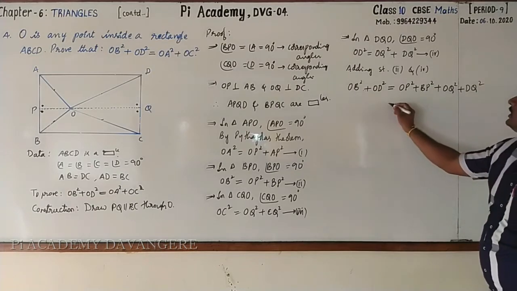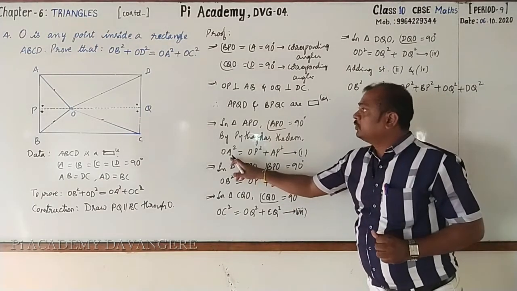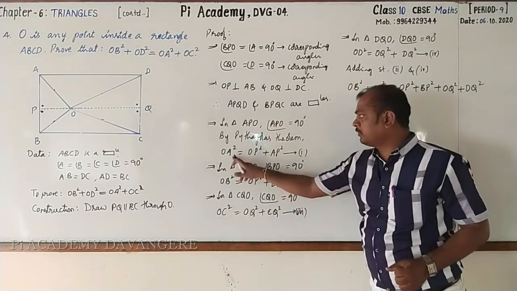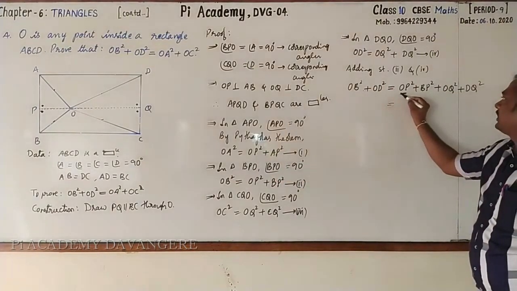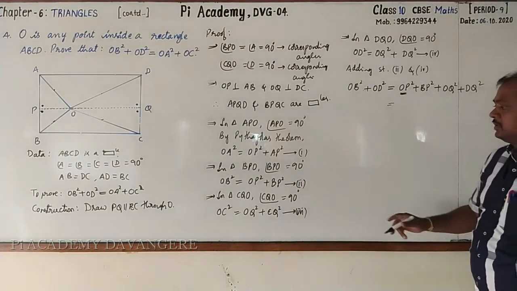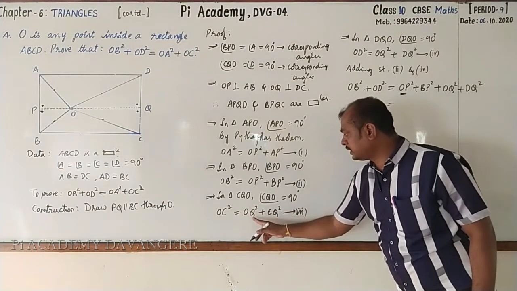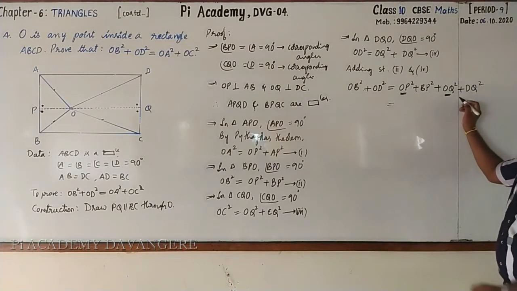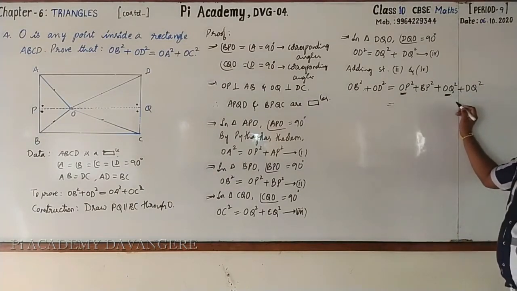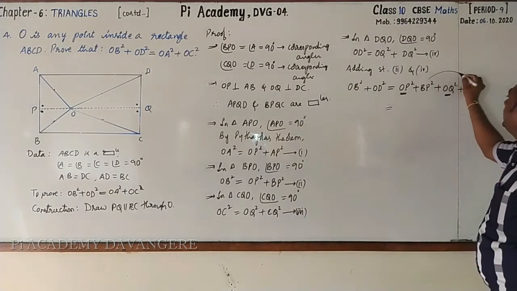Followed? See, we need OA square plus OC square, where OA square is OP square plus AP square. OP is already there. There is no AP square. Next, we want OC square. OC square is nothing but OQ square plus CQ square. OQ square is there, but we don't have CQ square. Hence, I go for taking substitution for remaining these two.